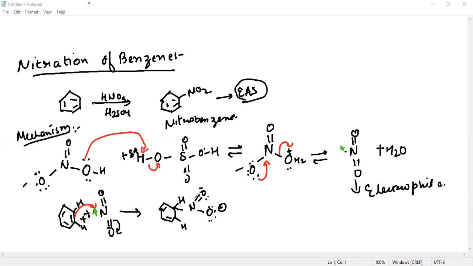And whenever nitrogen is involved with four bonds, like one here, two here, and one here, it will have a formal positive charge. So let's go ahead and write the positive charge here, right?